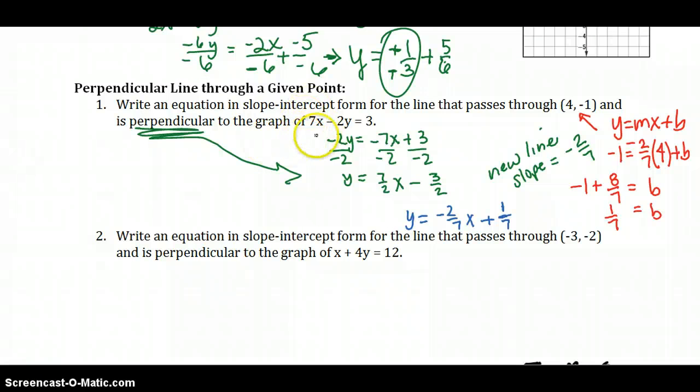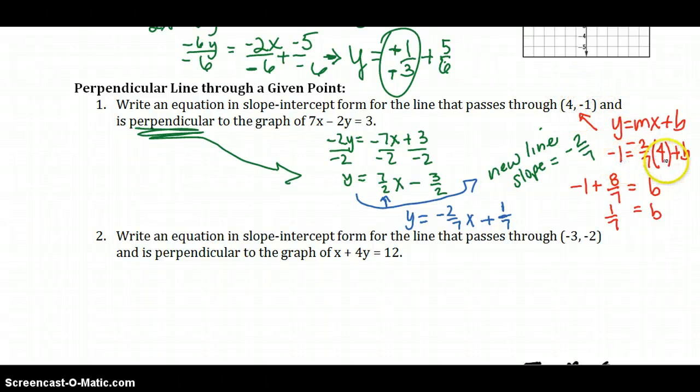I took the equation they gave me, and in green I worked it out to slope-intercept form, and here was its slope. If I'm looking for a line perpendicular to that line, the new line slope would be the opposite reciprocal, so negative 2/7, and it passes through this point. So I temporarily used the point for negative 1.